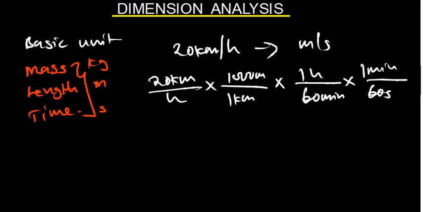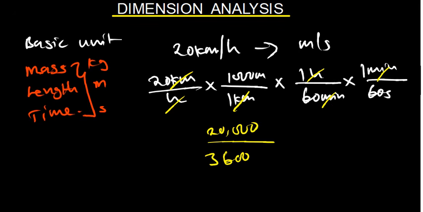What we are going to do from there, using dimension analysis, is cancel the kilometers, then also cancel the hour, and also cancel the minutes. So from here it's going to be 20 times 1000, over 60 times 60. 20 times 1000 gives us 20,000, and then we divide this by 60 times 60, which is 3600.